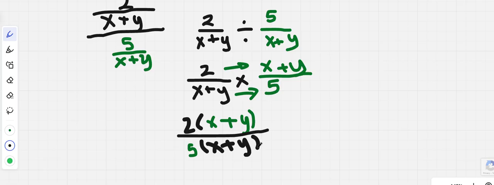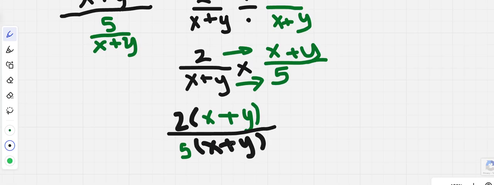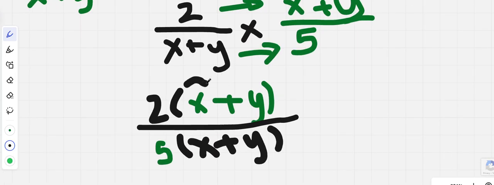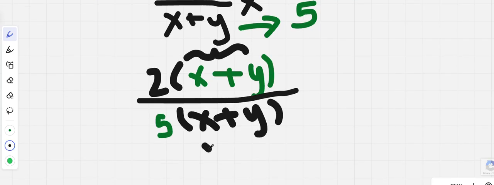Now we already see we have a common factor here, which is going to be x plus y and x plus y.